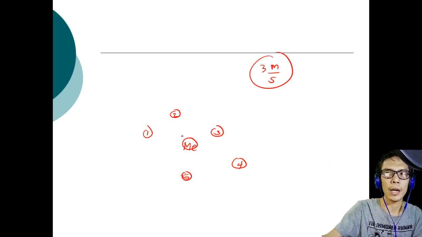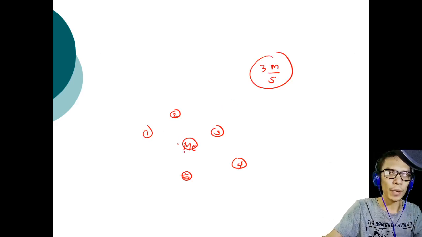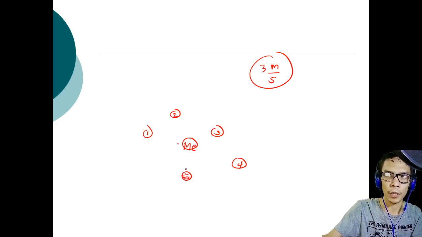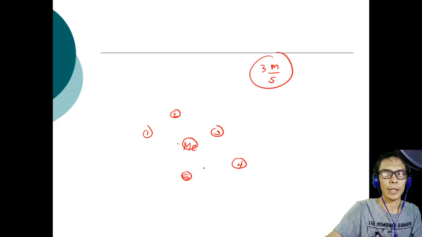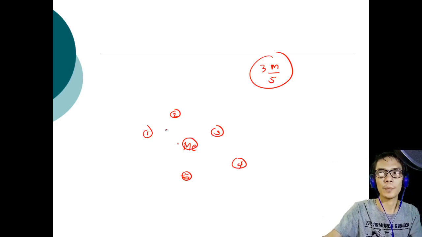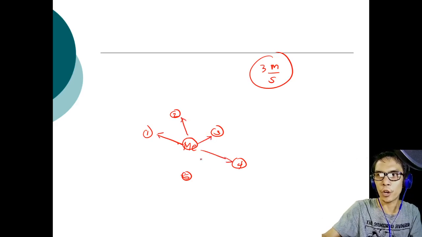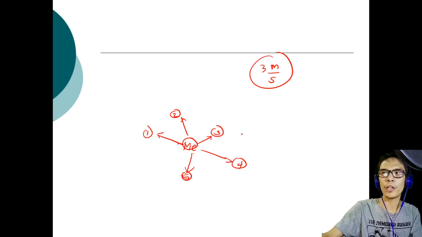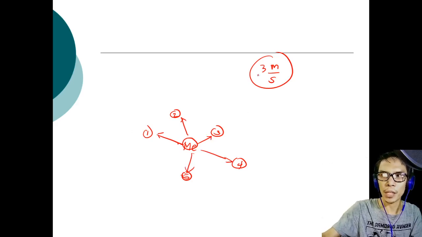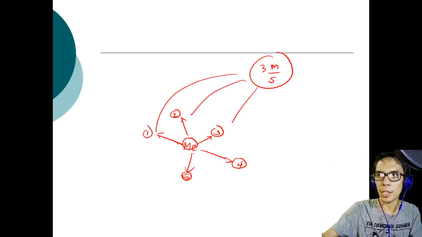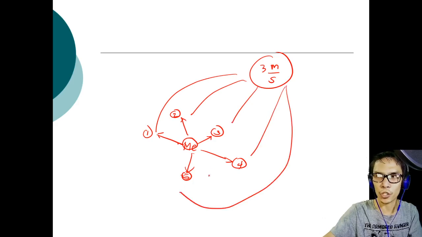Now, do you think the velocity and speed of these people are the same? If you said no, you are correct. Why? It's because these 5 people will have different directions where they are going. Although they have the same speed, they have different directions.